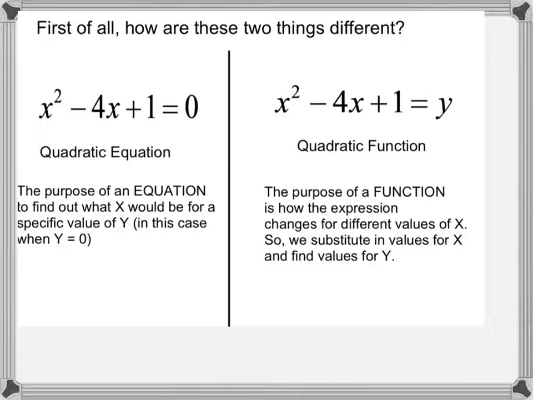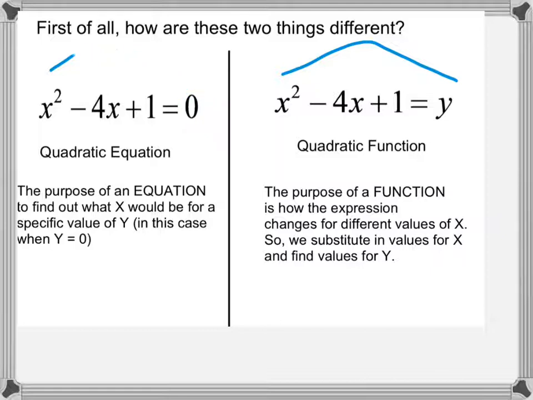If you think about the structure, on the left-hand side we have the same expression, x squared minus 4x plus 1. But in the quadratic equation, on the right-hand side we have a constant, and in the quadratic function, on the right-hand side we have another variable. So a quadratic equation is one specific instance of a quadratic function. It's the function when it's equal to one certain value.